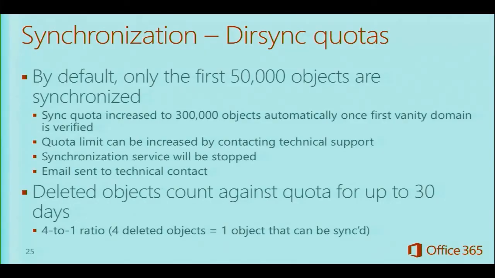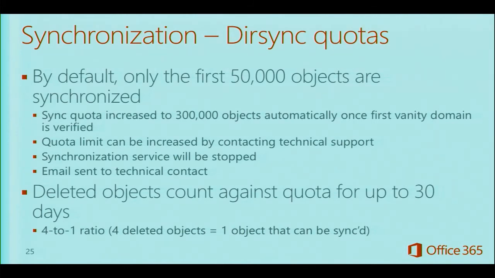Now, previously, and this has changed, after your first 50,000 objects were synced, we used to make you open up a support ticket and request an increase to your sync quota. You don't have to do that anymore. Now, you only need to do that if you are syncing more than 300,000 objects. If you are syncing 300,000 or fewer objects, you no longer need to request an increase in quota.